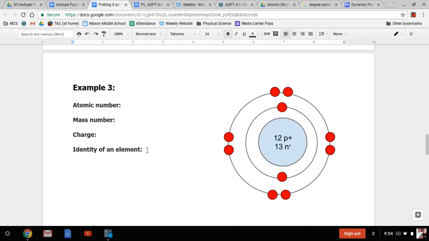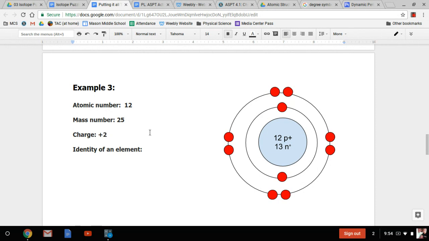So example number 3, again, we have a Bohr model. This one, atomic number is 12. Mass number is 13. Oops, sorry, not 13. It's 25. My charge here, if I have 12 protons, I then look at my electrons and I only have 10. So again, I have a +2 charge.